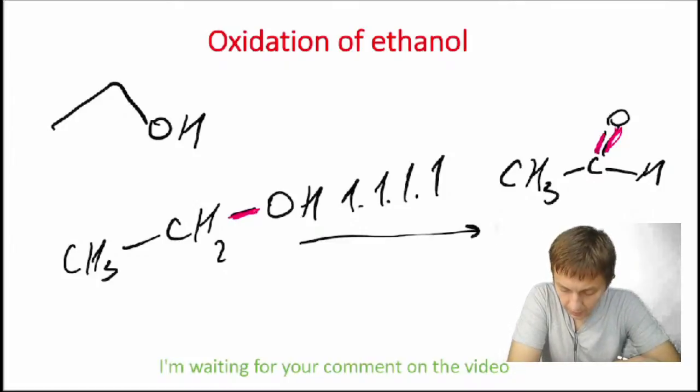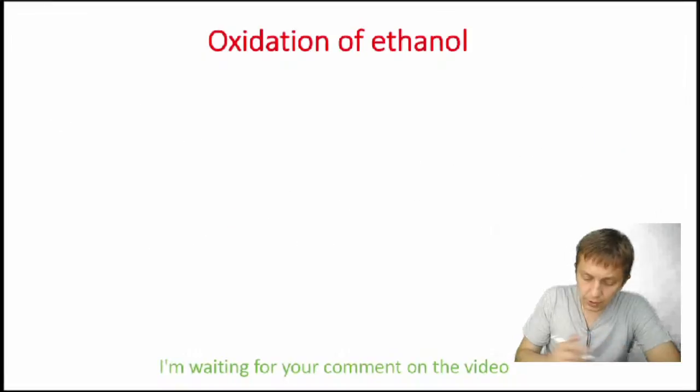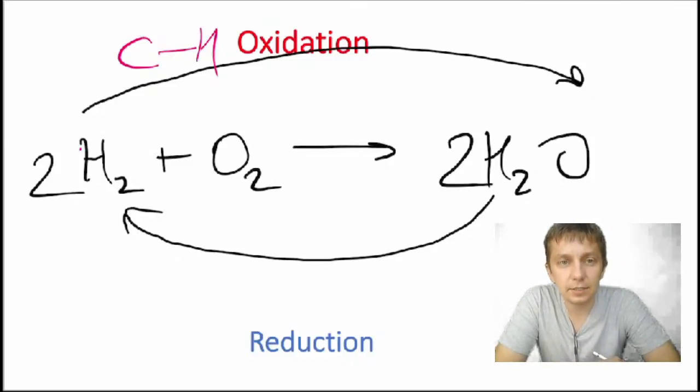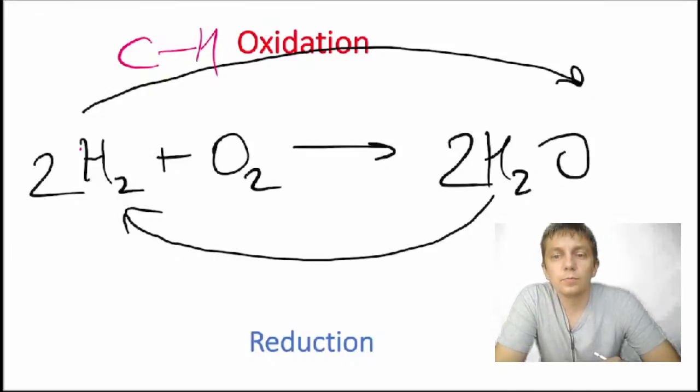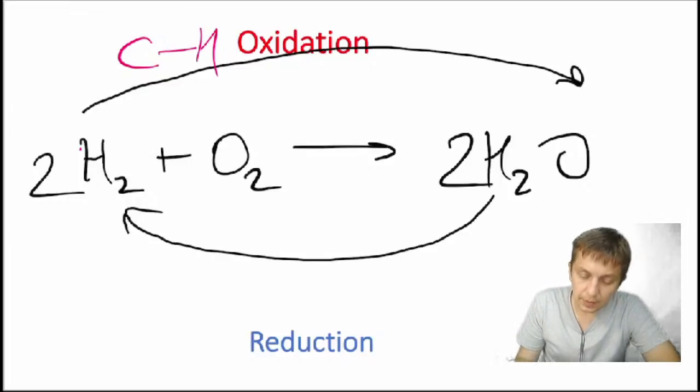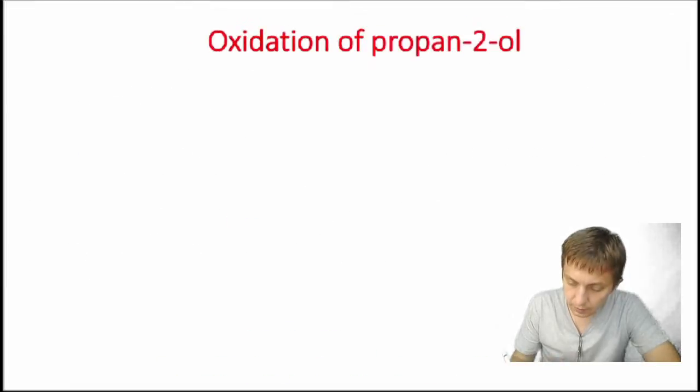And for oxidation, we can oxidize only one type of bond. If we're talking about organic compounds, it's C-H. If we have a C-H bond, we can oxidize this bond. If there is no C-H bond, we can't. And this bond must be nearby functional groups. So, for example, oxidation of propan-2-ol, or isopropanol.